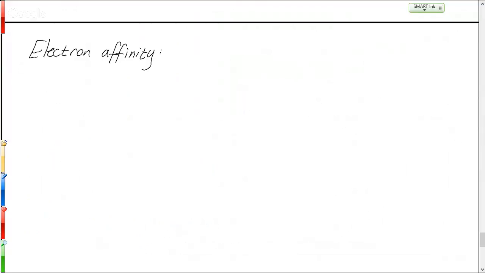Electron affinity is the energy change when an atom gains an electron.